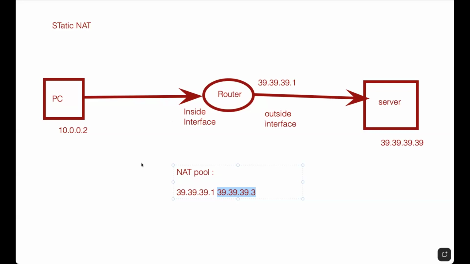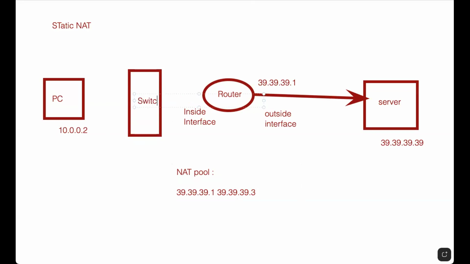let's say you have one more PC. Let's pick 2 or 3 PCs. Okay, so let's pick a switch here. You take a switch, and you pick one more PC here. Let's say this is 10.0.0.3.